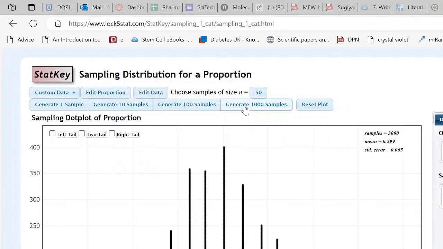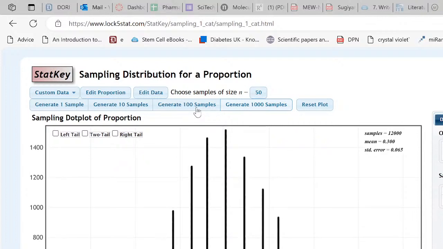All right, the skewness that we saw before is not as egregious here. It looks like I've got about 12,000 samples, good enough.